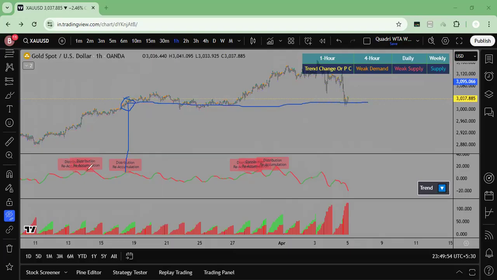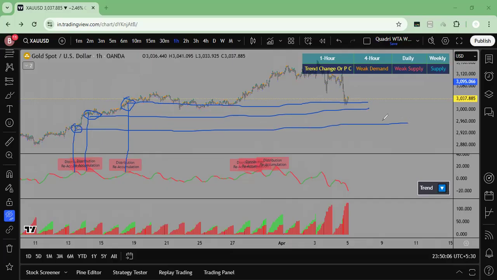This is another price level, so give or take 2960 or 3000, or this particular level, that is 3025, give or take.